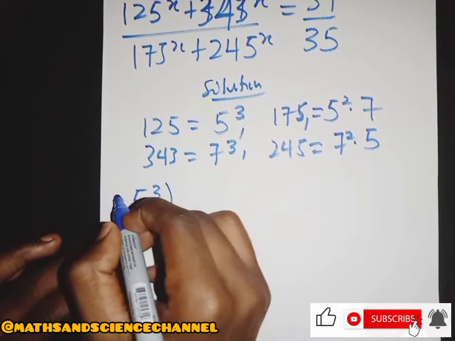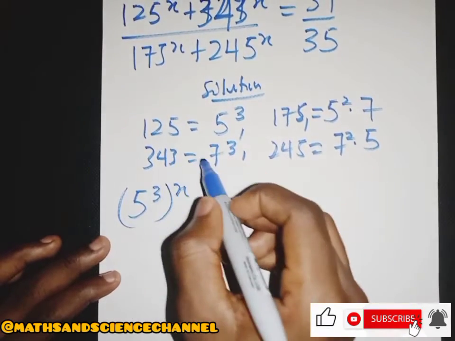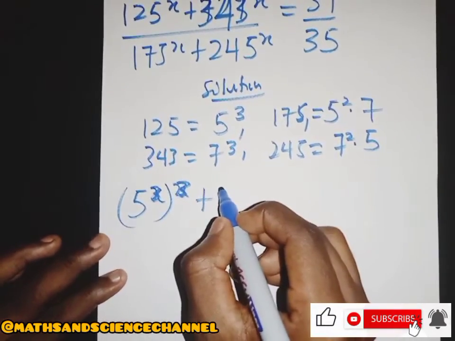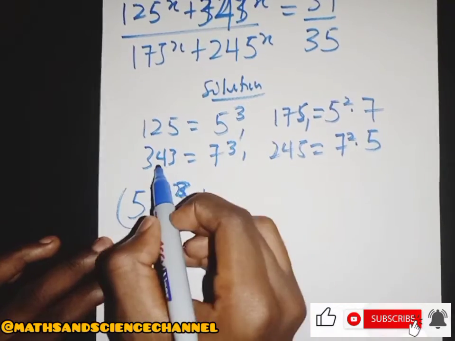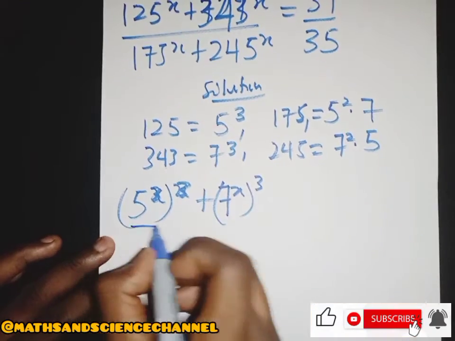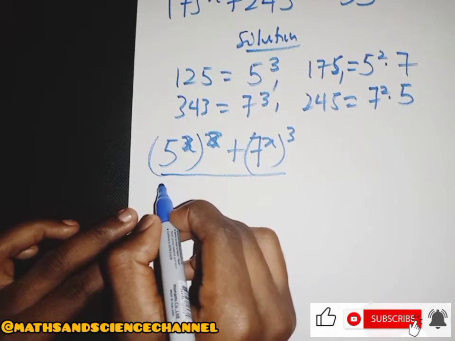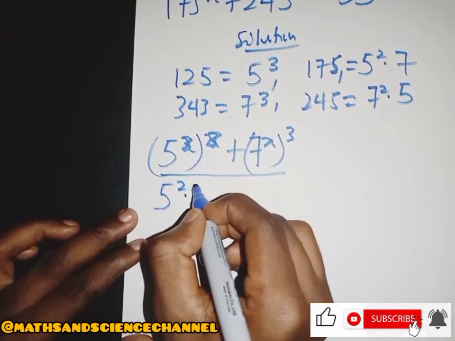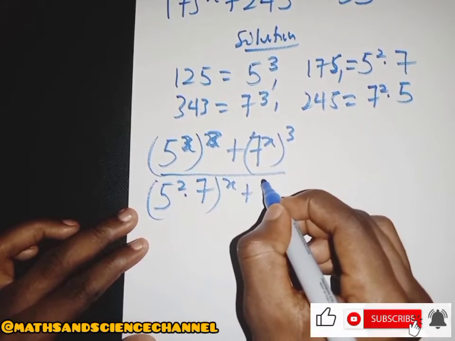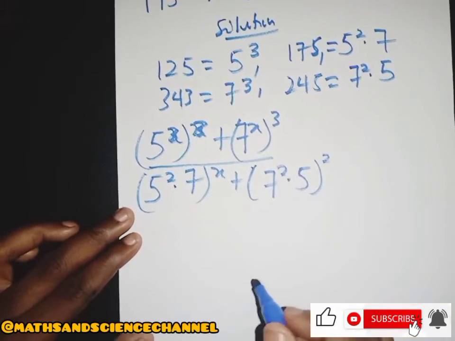And this is just to the power x, right, plus, and then let's put the x here and let's put the 3 here, and then with this 343 we have 7 to the power 3 here, all to the power x, being divided by, with this one we have 5 squared times 7, all to the power x, plus we have 7 squared times 5 here, all to the power x, right?